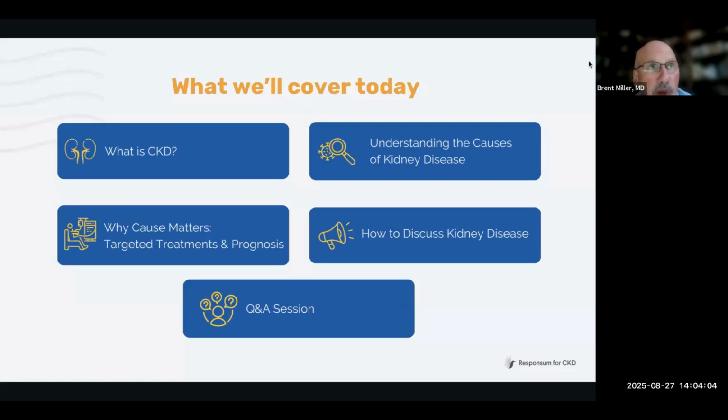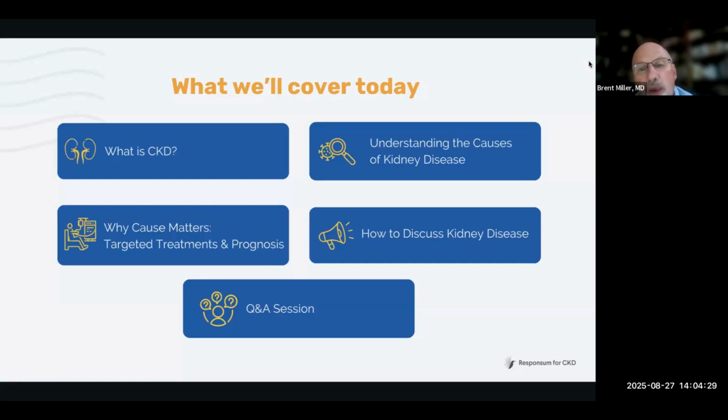And so what I hope everyone will take away from this session, as a patient or a patient's family member or an advocate or a physician or a nurse, is that we not only pay attention to what the patient's kidney function is and what stage CKD is, but what caused it, how they got there.